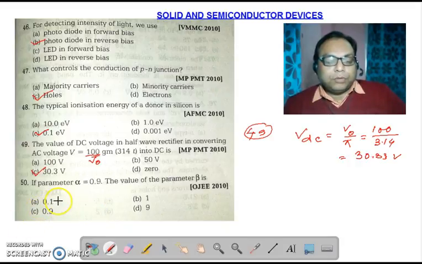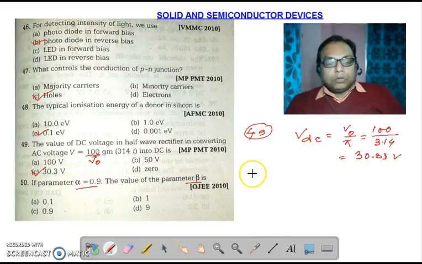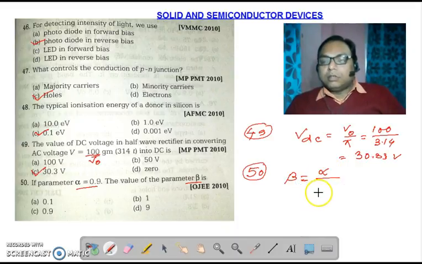Now see question number 50. If parameter alpha is 0.9, the value of the parameter beta is... We have the relation between alpha and beta. If you remember, beta is the current gain of the common emitter amplifier and alpha is the current gain of the common base amplifier, and we have the relation between them: beta is equal to alpha divided by 1 minus alpha.